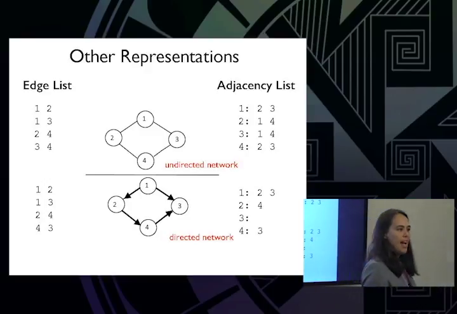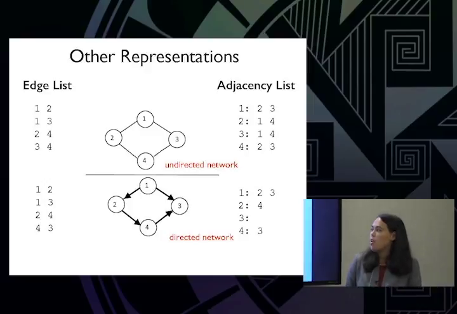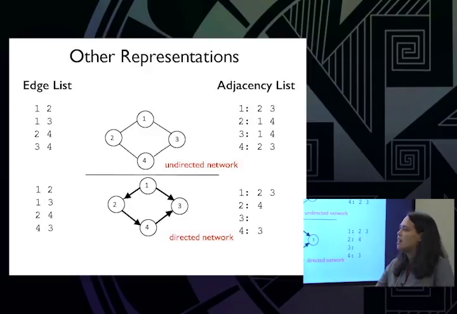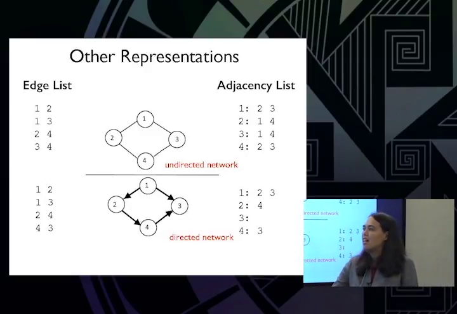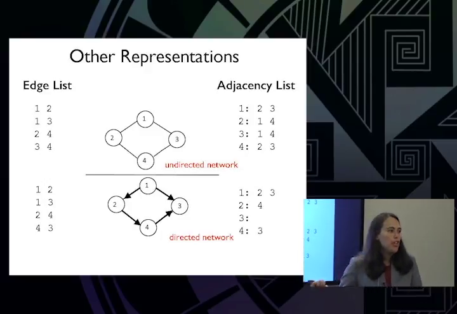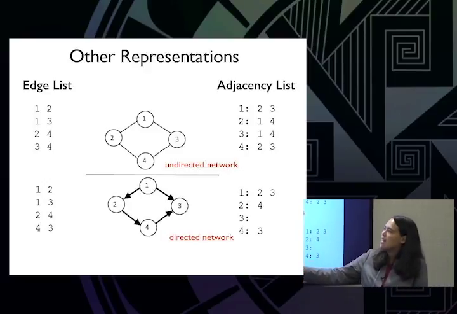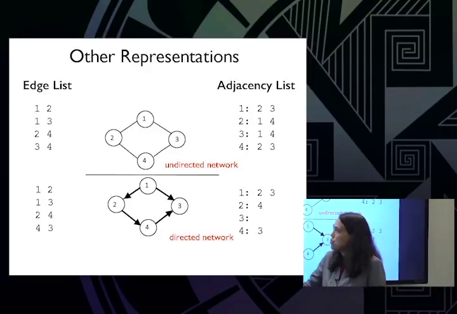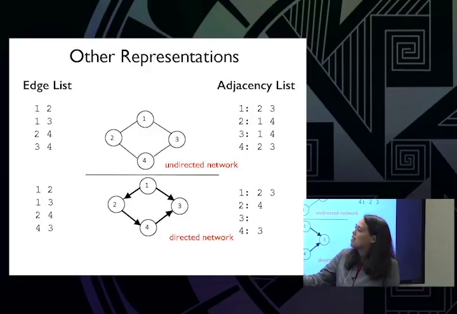I've just written down all my edges, but it's not that easy to use. If I want to ask, for instance, what are all the nodes that are connected to node 3, I have to search through this list, and I don't know exactly where those are going to be found. So what we usually do is represent these networks as what's called an adjacency list. This comes under different names, but basically I have a row that lists the connections of each node.